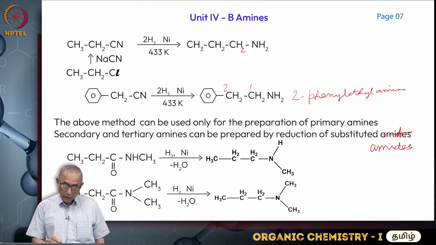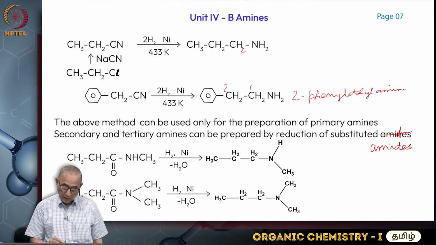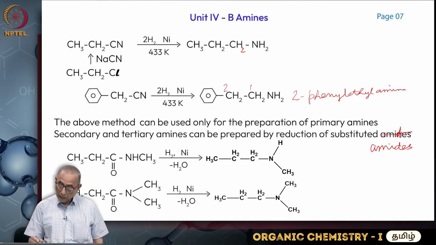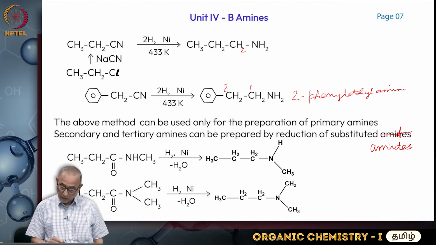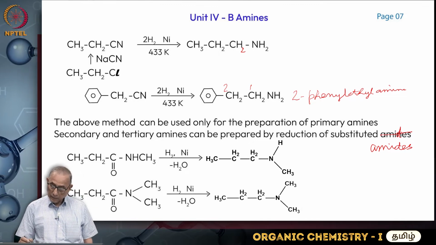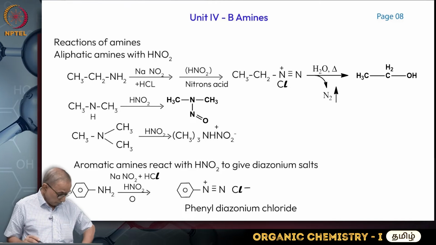This is N-methyl propylamide. This is N,N-dimethyl propylamide. இது hydrogen and nickel போட்டாக்க you get CH3CH2CH2NHCH3. இது போட்டாக்க CH3CH2CH2NCH3CH3. This is a secondary amine. This is a tertiary amine.